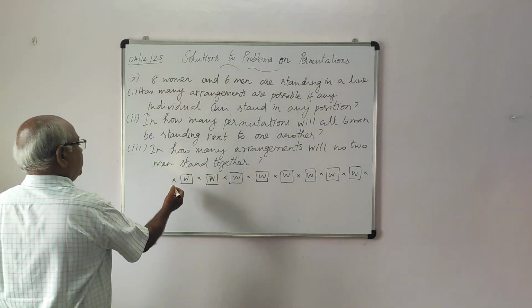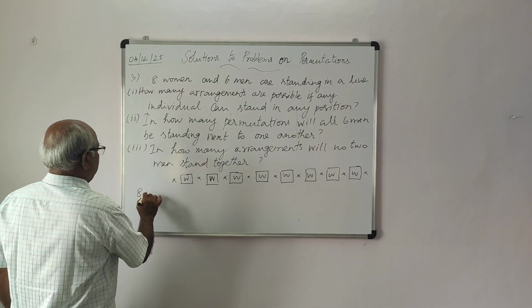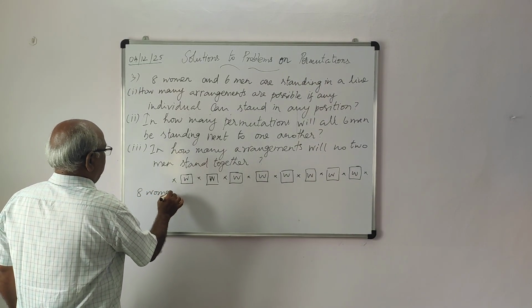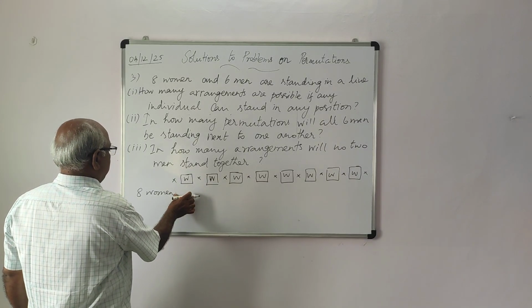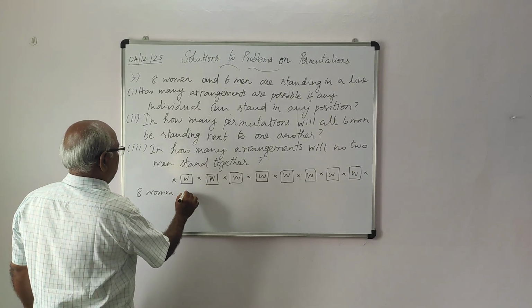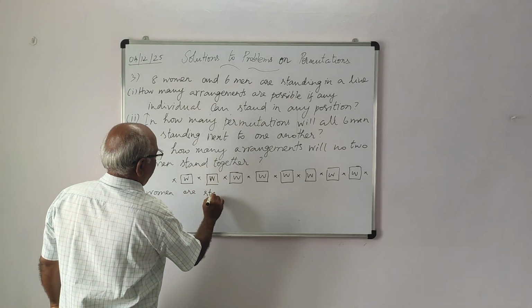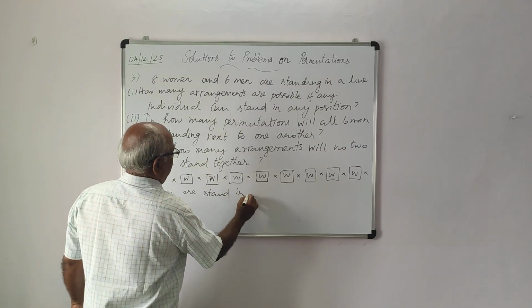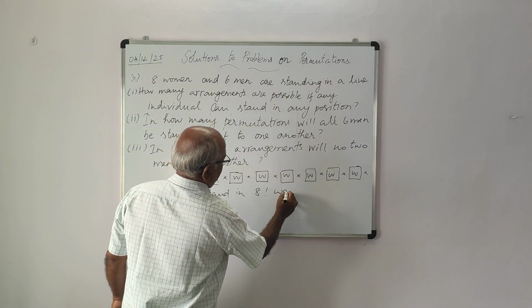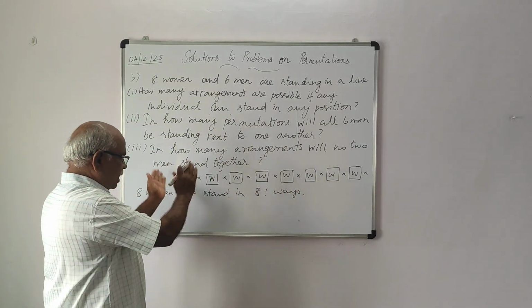See, the 8 women are standing in 8 factorial ways.